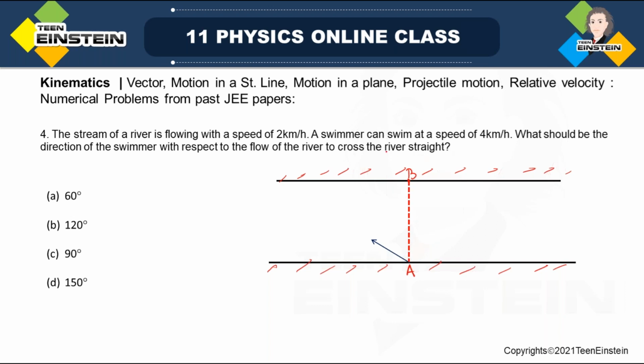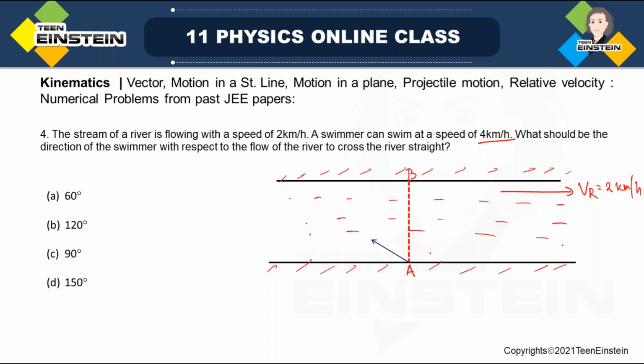And here the river is flowing, suppose the river is flowing in this way. Let us take the velocity of the river in this way. This is 2 kilometers per hour. Okay. And the swimmer can actually swim with the speed 4 kilometers per hour. Then what should be the direction of the swimmer with respect to the flow of the river to cross the river straight?